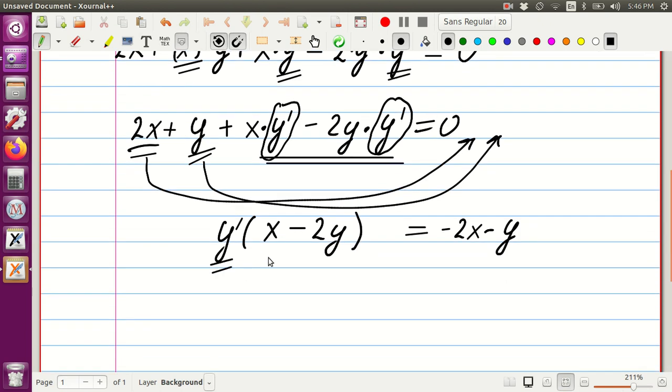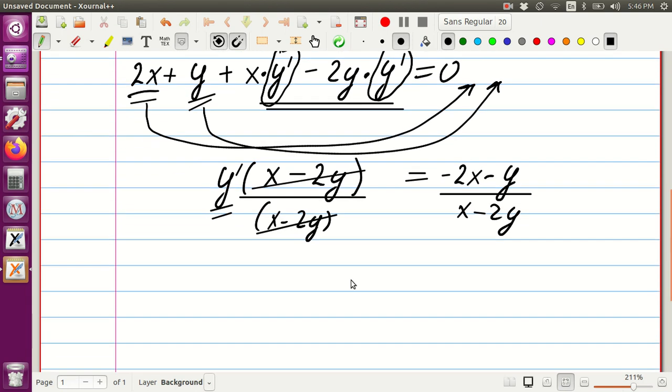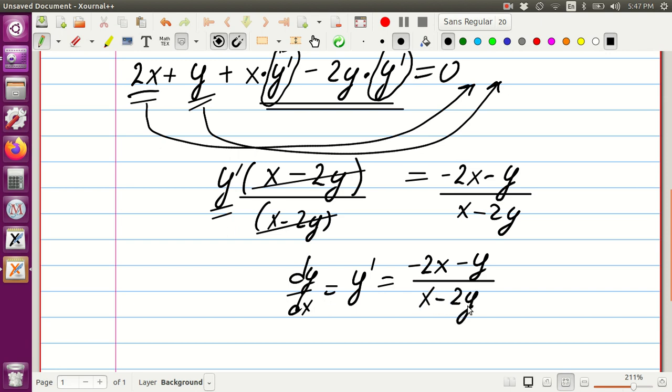Finally, to get y prime, we're going to divide both sides by x minus 2y. So our final answer for y prime, or dy/dx if we want to use that notation, is equal to negative (2x minus y) divided by (x minus 2y).